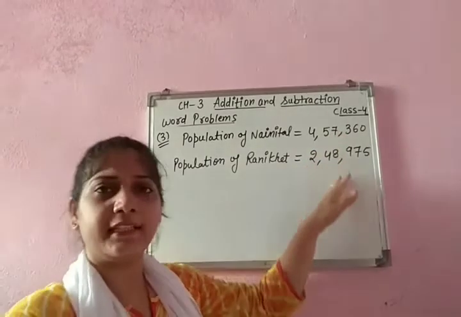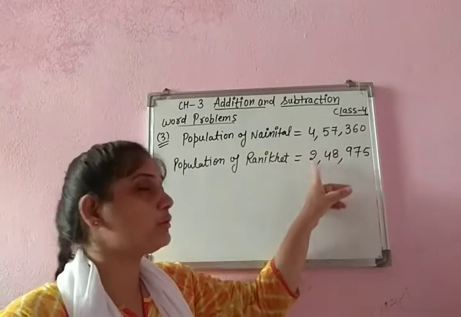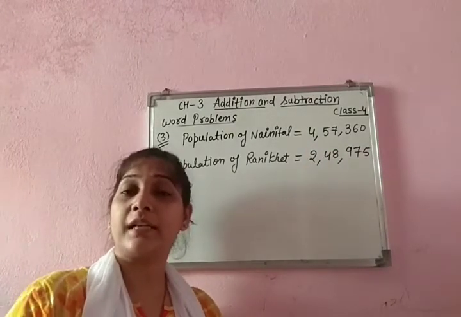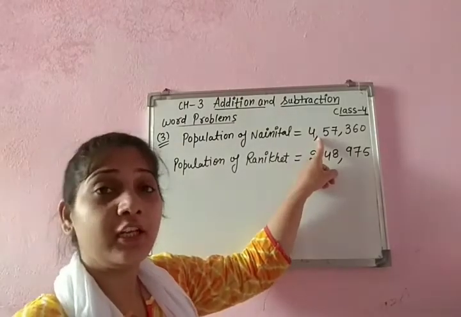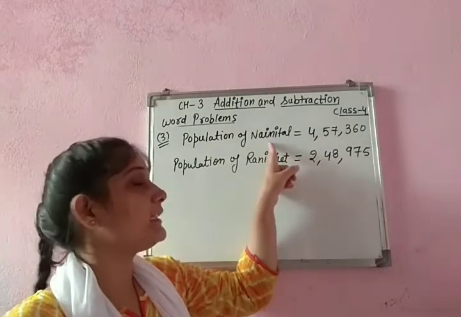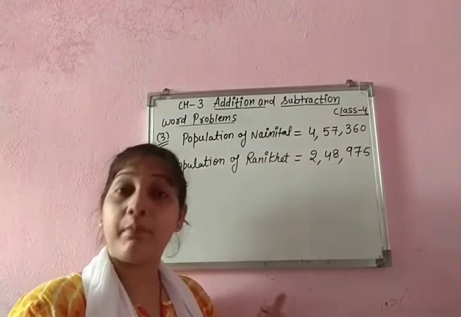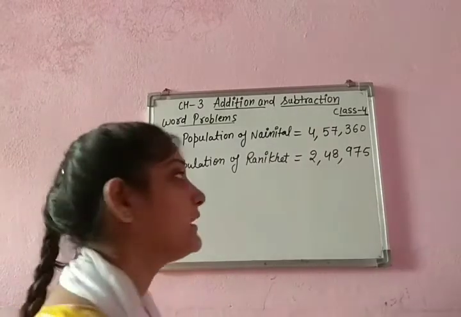Now we need to tell which town has greater population. So we can easily tell which number is bigger. 4 lakh something or 2 lakh is bigger. Now we have learned the comparison, which number is bigger and smaller. So this is bigger, so we can tell that Nainital's population is greater. And you want to tell by how much more, for that you need to subtract.